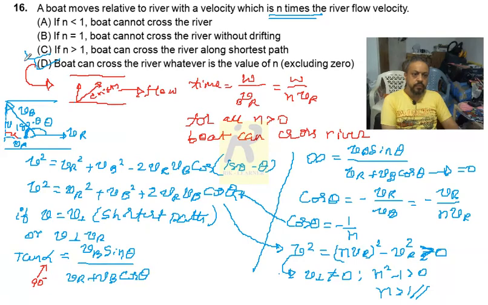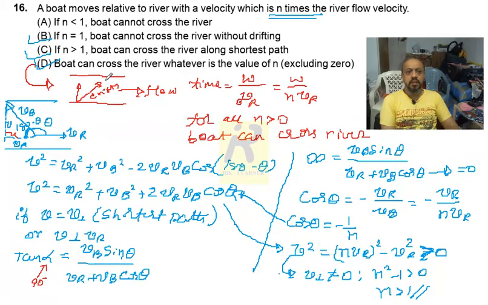From the same situation, we can think of if n is equal to 1, the boat cannot cross the river without drifting. If we put n equal to 1, we cannot hold the situation I mentioned here. So this is also right. If n is equal to 1, the boat may not cross the river perpendicularly, it may drift.